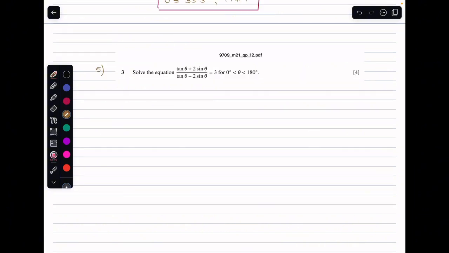The next question is taken from year 21 summer, paper 1 variant 2, question 3 in the paper.